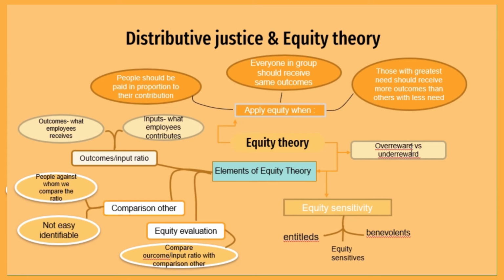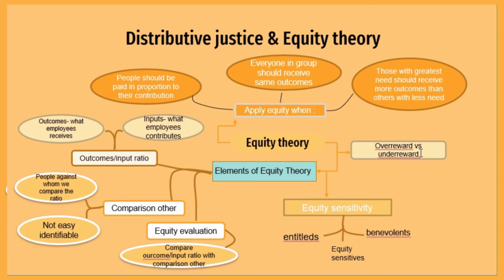Moving to over-reward versus under-reward. Under-reward is also known as negative inequity. This occurs when the ratio of one's own input and outcomes is less favorable than the ratio of the comparison other, creating a sense of unfairness.